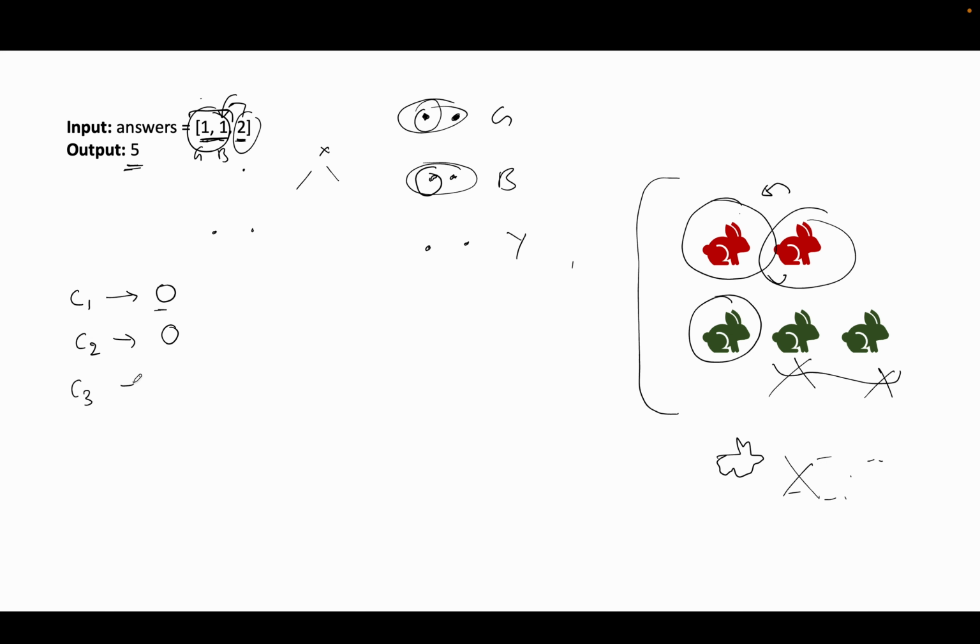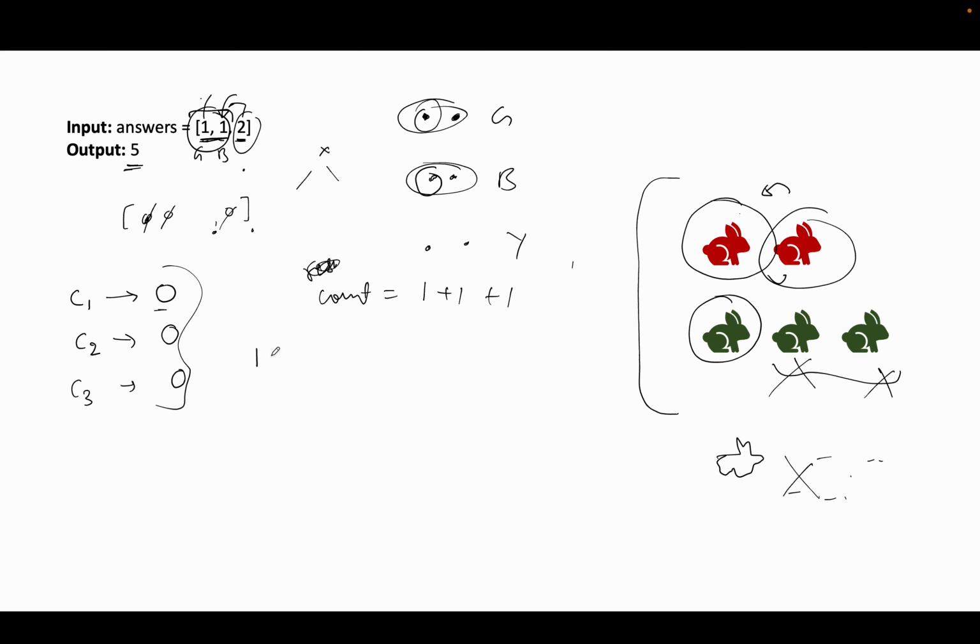Then C3, let's say some other rabbit also said zero. So whenever you encounter zero in this input list, you can increment the count by one, because that is the only rabbit. They are all unique rabbits. So we will account for zeros.